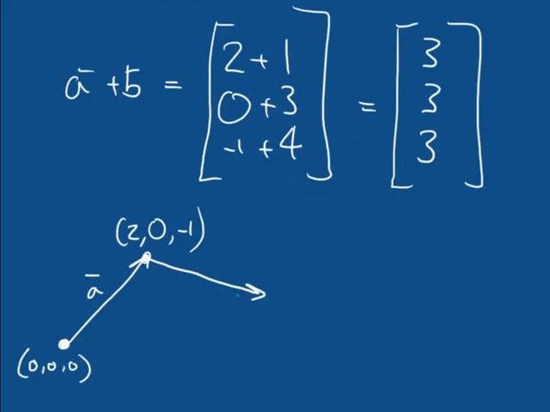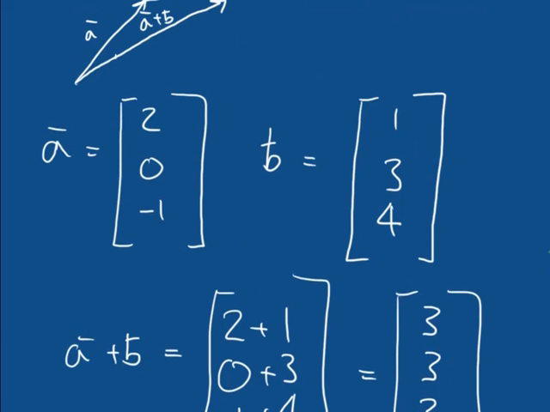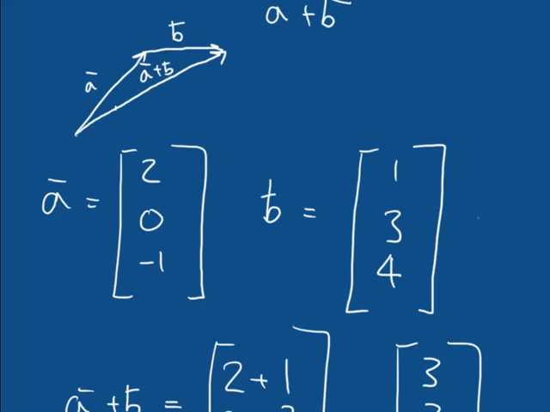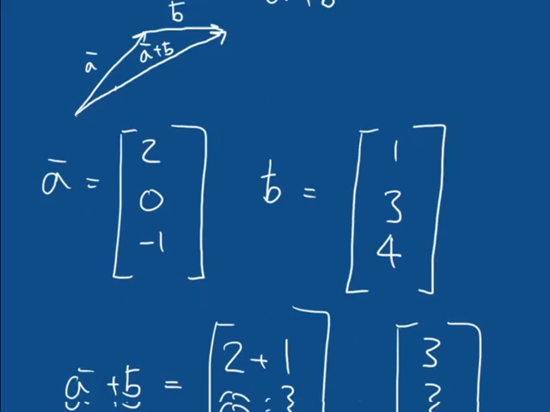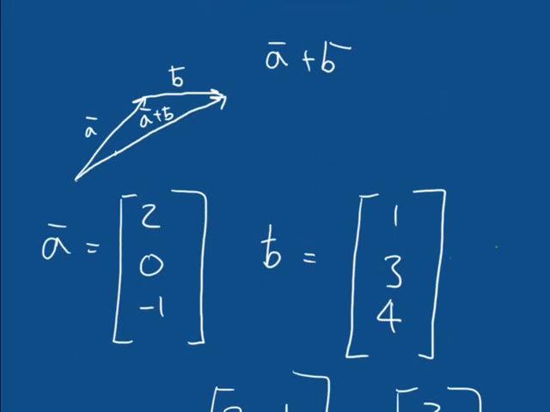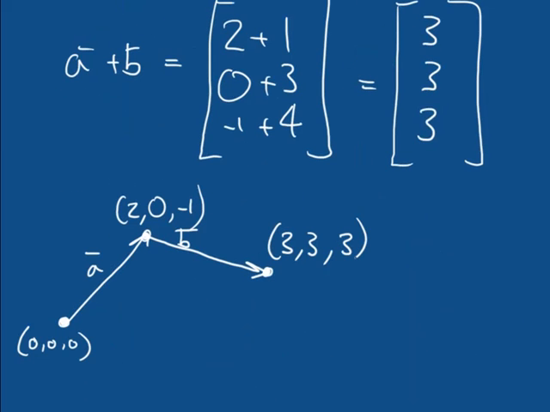If we then, from there, travelled along vector b, so we're now at 2 in x, 0 in y, and -1 in z, we're going to travel 1 unit in x, 3 units in y, and 4 units in z. So if we started at 2 in x and travel 1 in x, that's going to get us to the point 3 in x. If we started at 0 in y but travelled 3 in y, that's going to get us to 3 in y. And then if we started at -1 in z but we're now travelling 4 in z, that's going to put us at 3 in z.